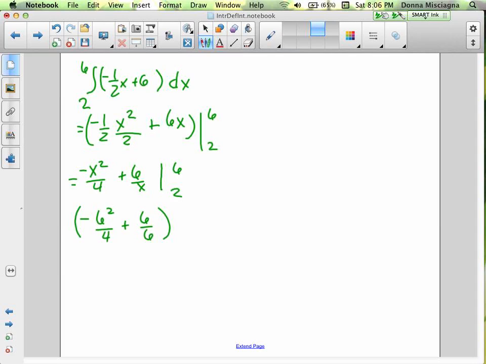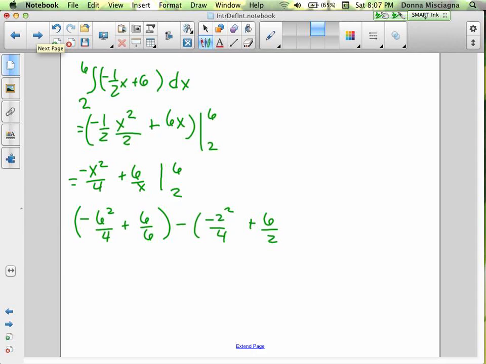We find that, and then from that we're going to subtract what we get when we plug in the 2. Oh, and don't forget to write the square. And the negative is not squared, right? So the negative belongs there, because the negative is in front of that x squared. All right, so negative 2 squared over 4 plus 6 times 2.